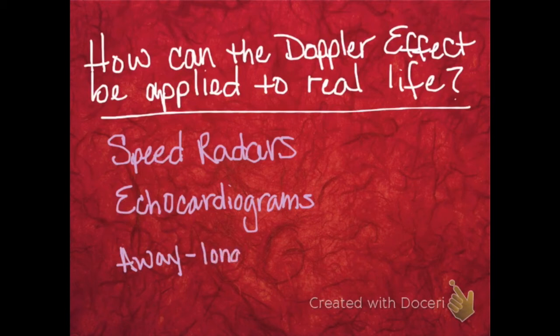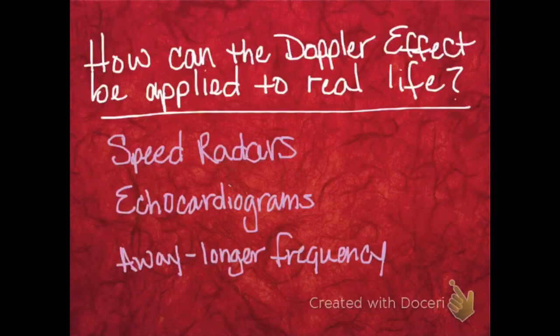So if something is moving away, the wavelength gets longer, so it tends to shift to the red visible spectrum. As the waves expand, you end up with a red shift.